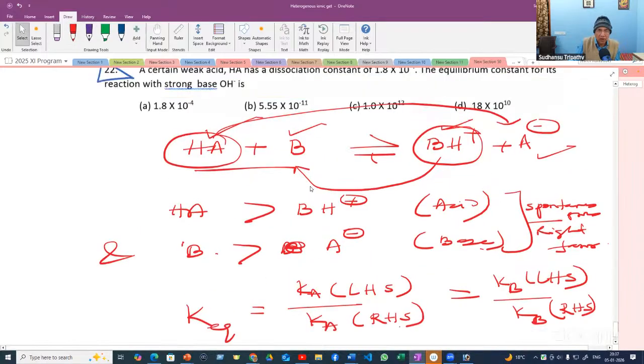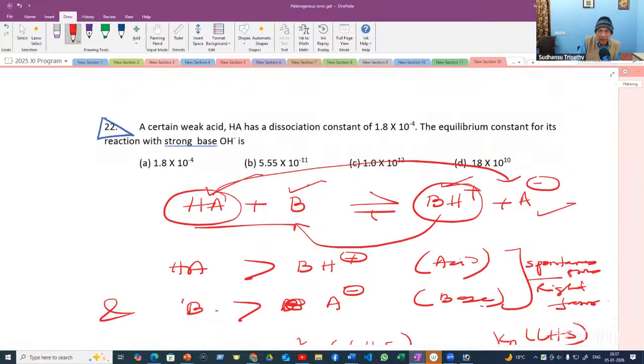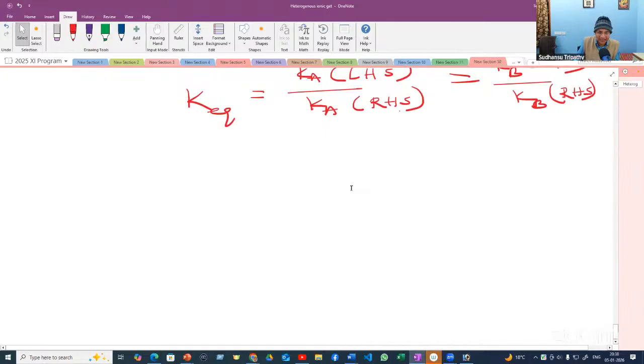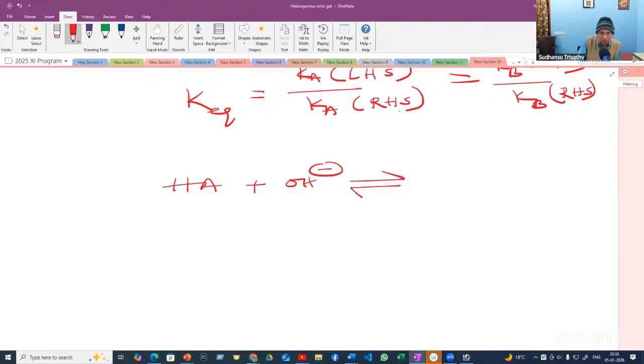So the equilibrium constant will be 1.8 into 10 to the minus 4 divided by... we need to write the reaction. HA plus base OH minus will be equal to water plus A minus.